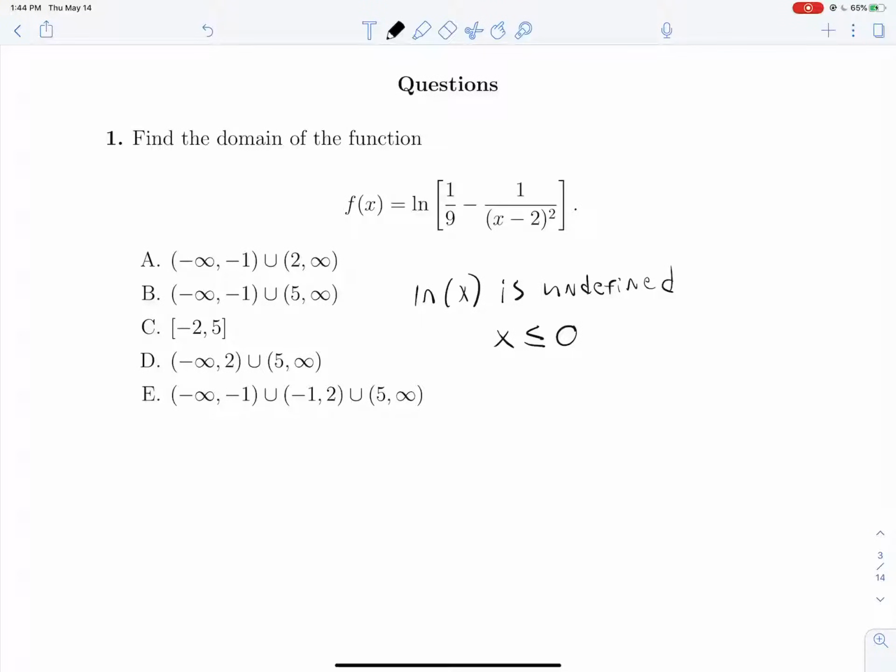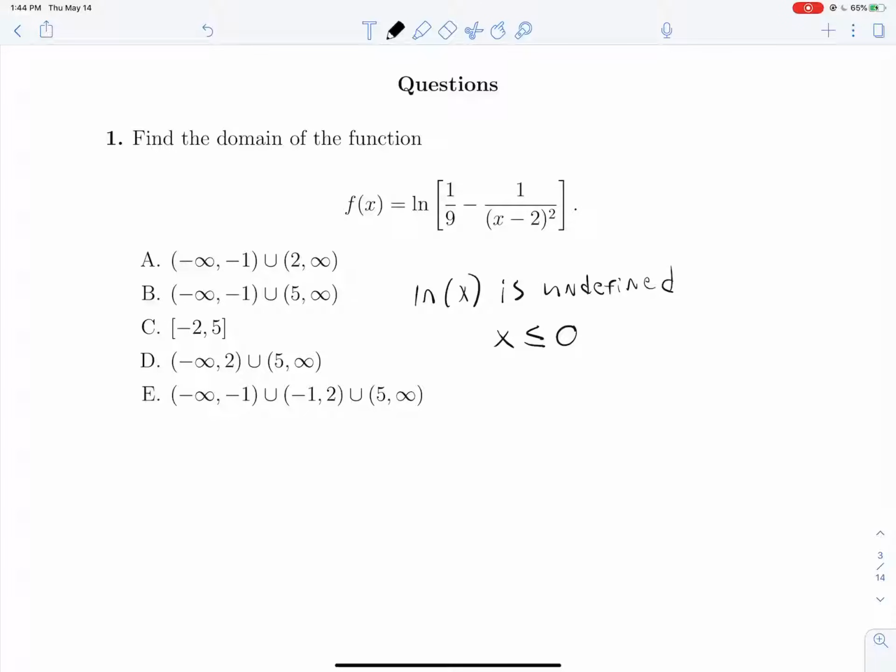As x approaches infinity, the natural log will also approach infinity, and as x approaches 0, the natural log will approach negative infinity. So yeah, there is no power that you can raise to get a negative number.